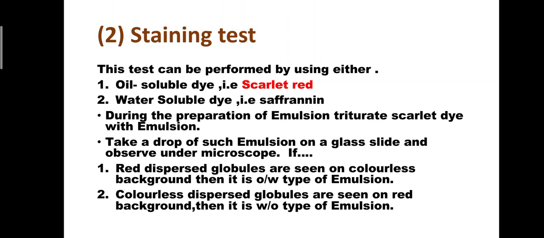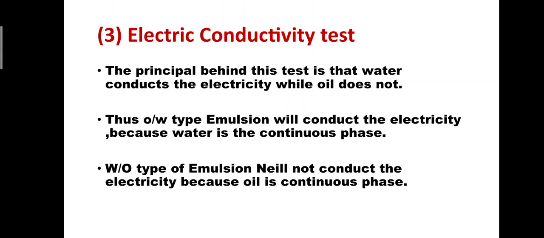First, red dispersed globules are seen on a colorless background, then it is an oil in water type of emulsion. And second, colorless dispersed globules are seen on a red background, then it is a water in oil type of emulsion. The red background is because of scarlet red. These are the staining tests for identification of emulsion.